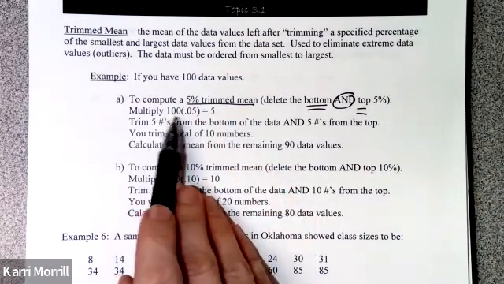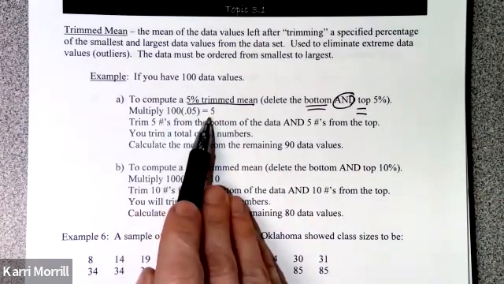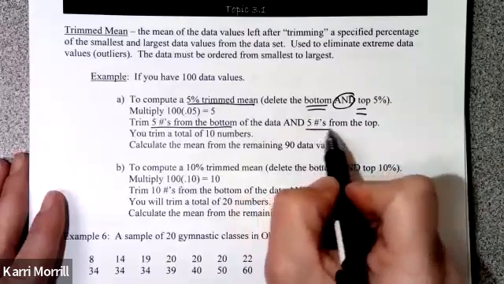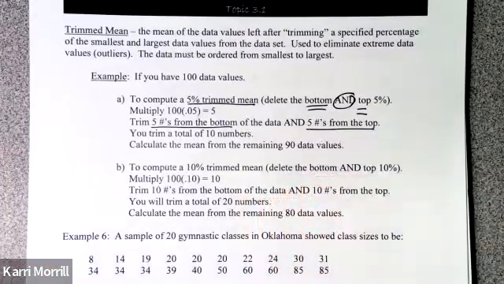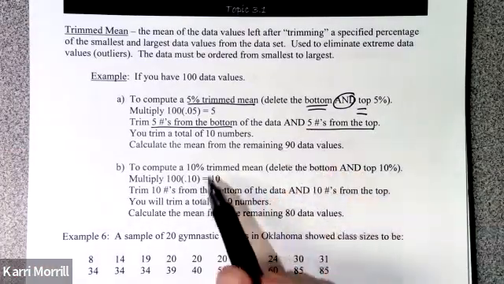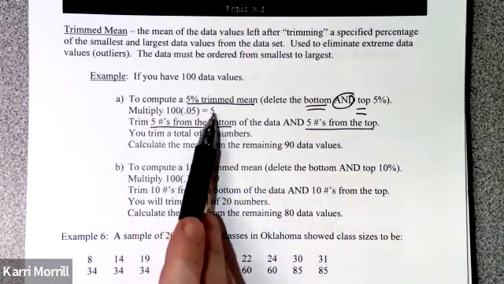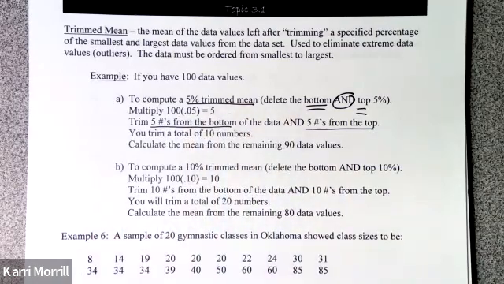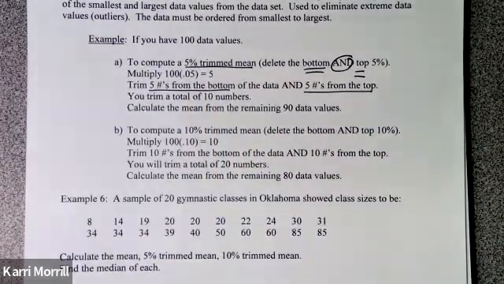You would take that times 0.05, and that would tell you that you're going to trim 5 numbers from the bottom and 5 numbers from the top. So you really trim a total of 10 numbers. So when you get this digit, that's not the total amount that you trim. It's how many you trim off the bottom and the top, the higher numbers. And then you'll calculate the mean from the remaining 90 values.